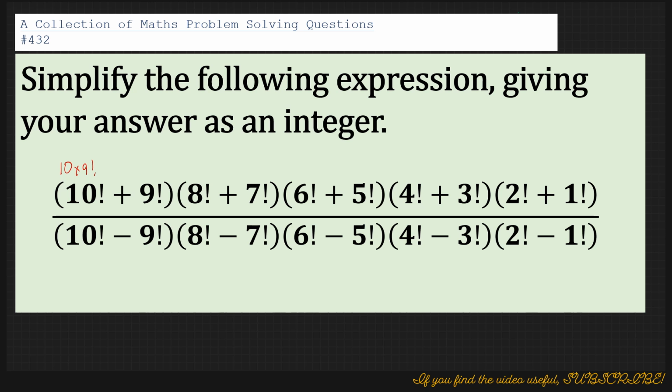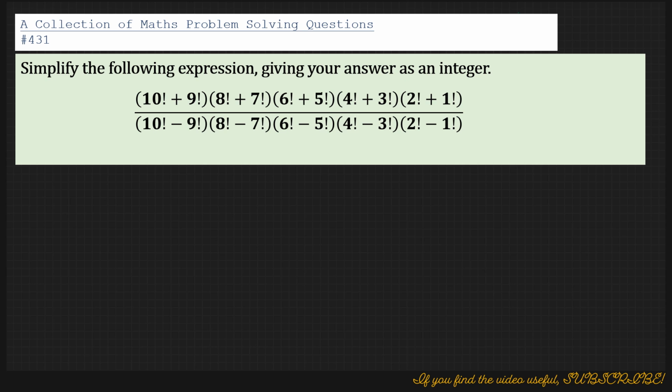Factorial 8 can be written as 8 multiplied by factorial 7, then 6 multiplied by factorial 5, 4 multiplied by factorial 3, and of course 2 and 1 we don't need to worry about, because factorial 2 will be 2 times 1, that's 2, and factorial 1 is 1. So we can do the same with the denominator.